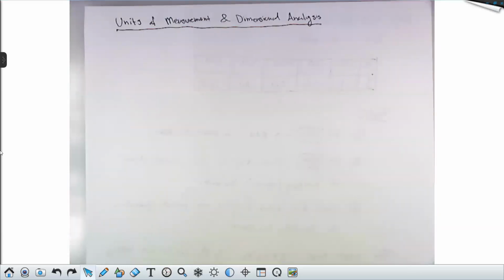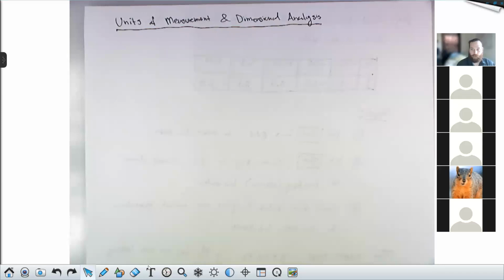We all know what a unit of measurement is, right? Like if I measure my height, if I were to tell you my height is 215, then you'd be like, whoa, that guy's 215 feet tall. I'd be like, no, 215 centimeters, like 2 meters tall. The units of measurement are very, very important when you're reporting any measurement.